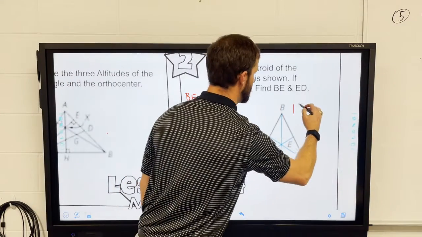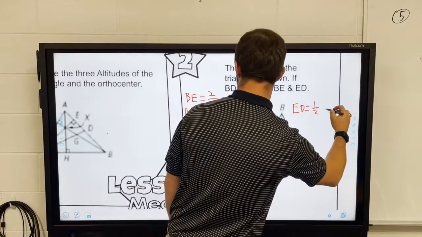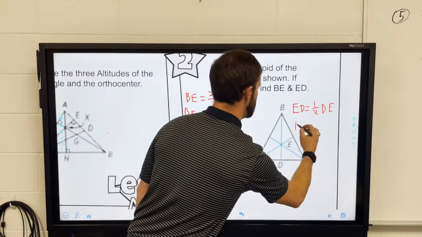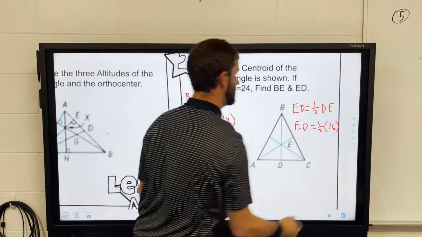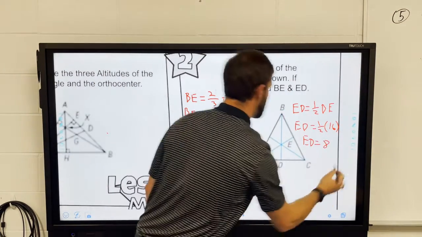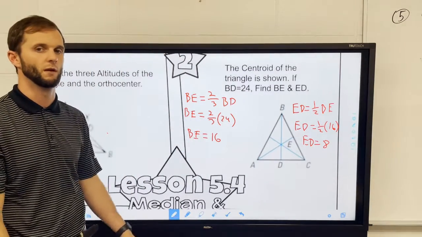So ED is equal to 1/2 of BE, which is 16. Half of 16 is 8, so ED is equal to 8. Now 16 plus 8 gives you 24, the whole thing.